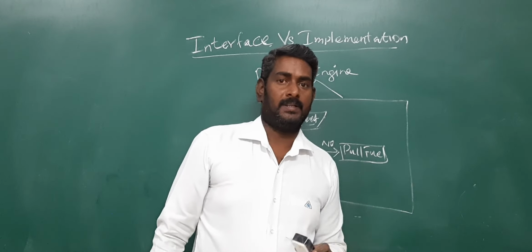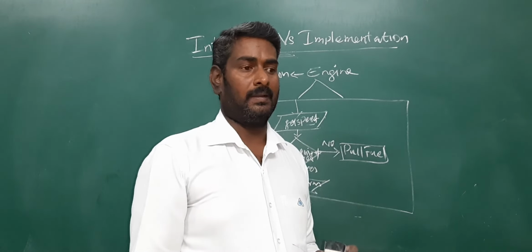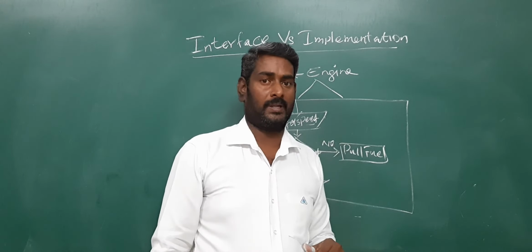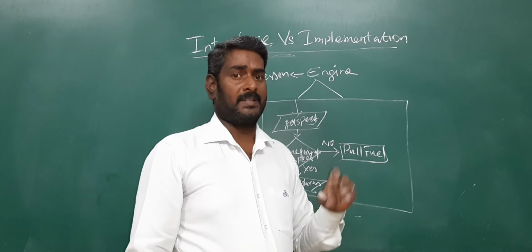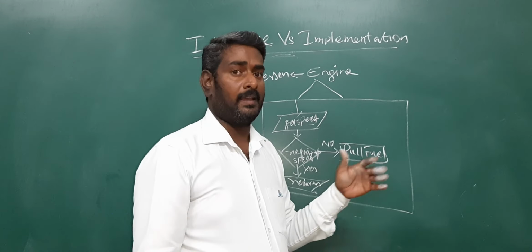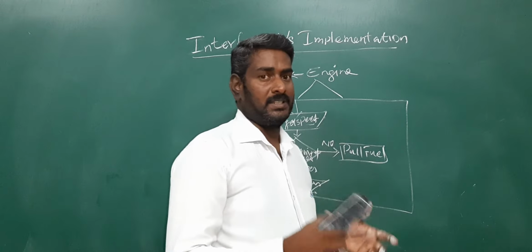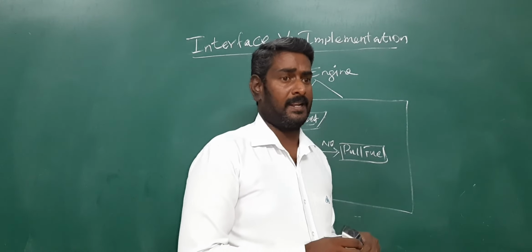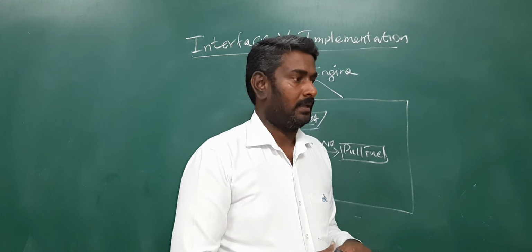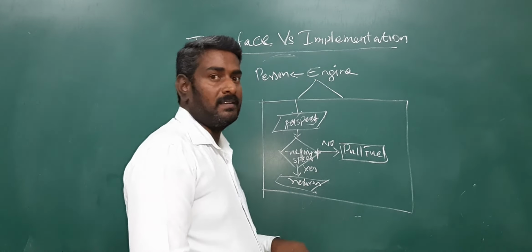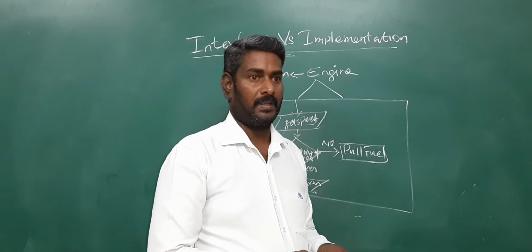This is the next example we have to see. A person who wants to drive the car doesn't care about the internal working. He just presses the accelerator to increase the speed of the car and get the required speed. In this example, the accelerator is called the interface.